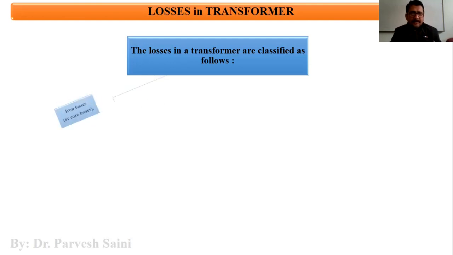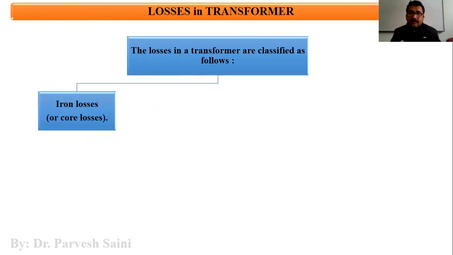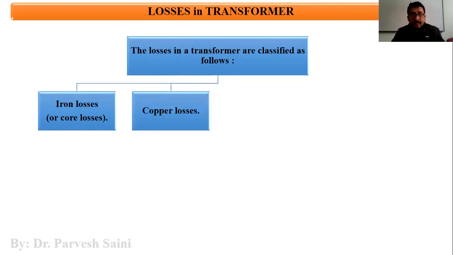The first one is the iron losses, also known as the core losses, and these are associated with the core, the ferromagnetic material of the transformer. The second type is the copper losses. These are associated with the windings, so they are also known as the winding losses.